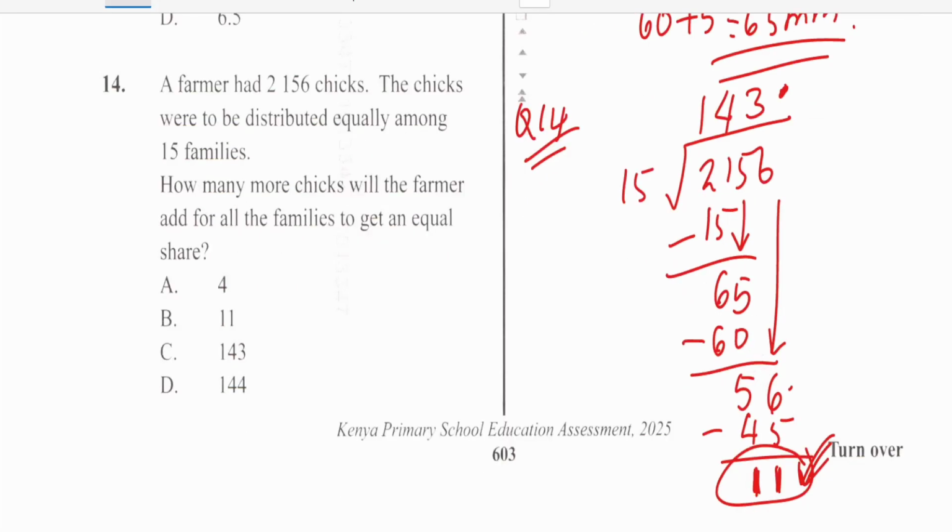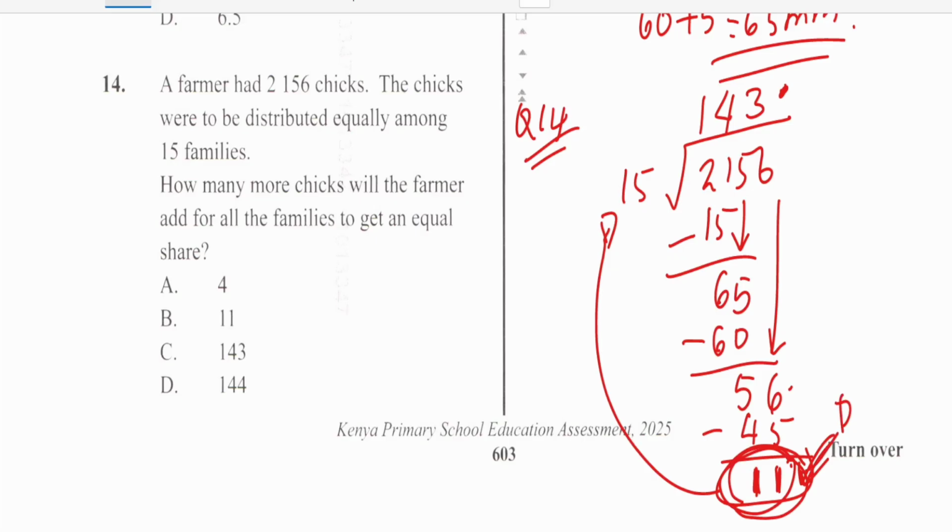You might think the answer to be 11, but it's not 11. Now you ask yourself, how much do you need to add to 11 for you to get 15? Remember there are 11 chicks remaining, which is not enough to divide into 15.